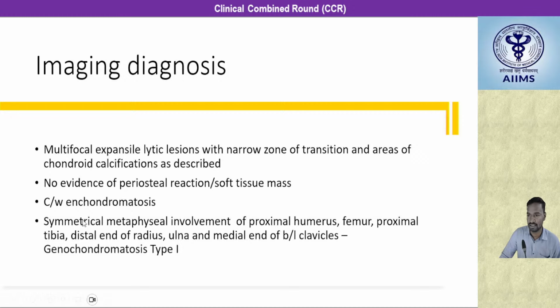Here, in this patient, the lesions symmetrically involve the metaphyseal regions of the proximal humerus, femur, proximal tibia, distal end of radius, ulna, and medial end of bilateral clavicles. These features are classically seen in genochondromatosis type 1. It's a rare type of enchondromatosis.